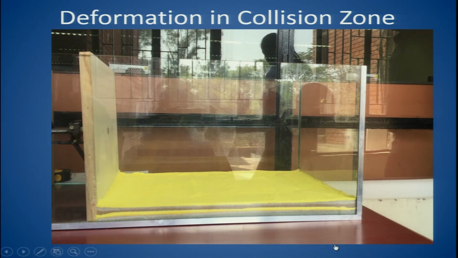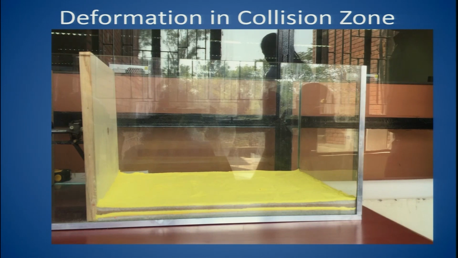If you look at the deformation in the collision zone, these experiments will help you understand the overall deformation pattern. We performed a very simple experiment, considering very soft deposits. We kept sand and finer silt layers, placed horizontally.